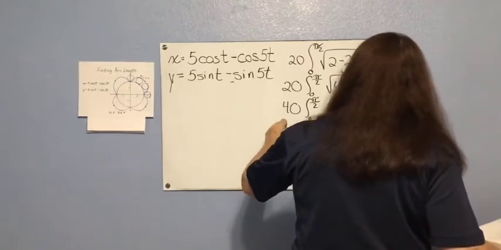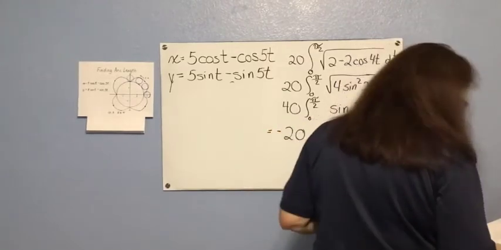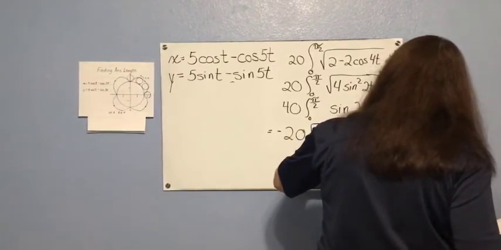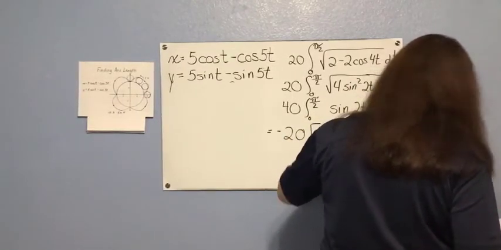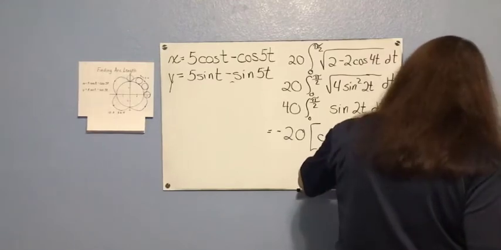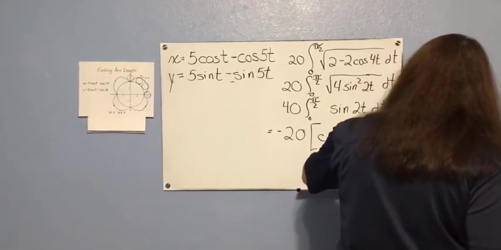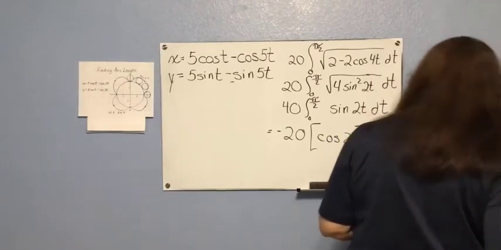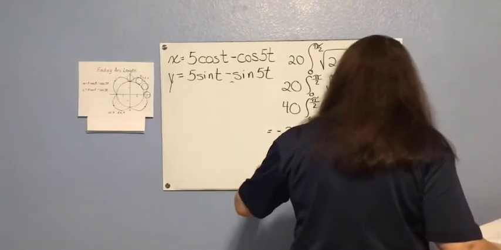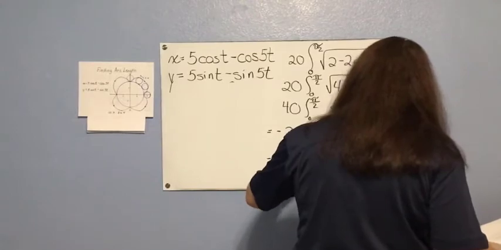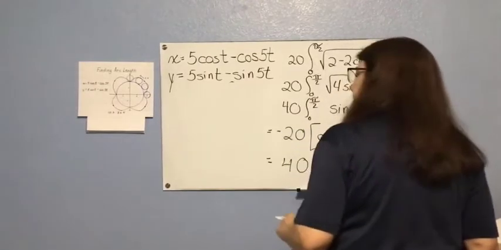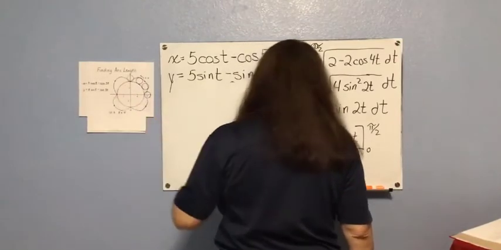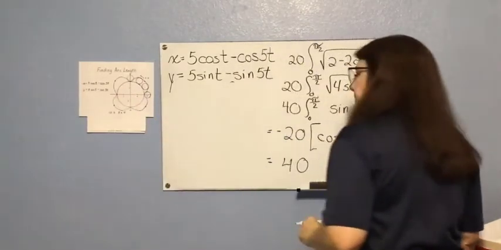And I get negative 20 times the cosine of 2t from 0 to pi over 2, which gives me a final answer of 40. So the length of this arc all the way around is 40.